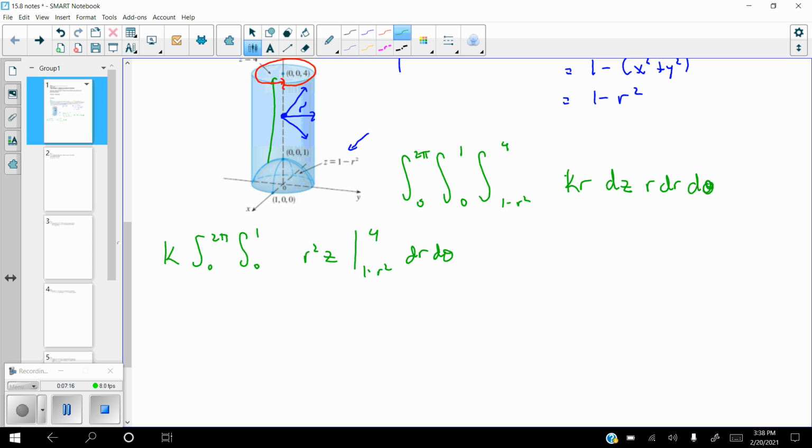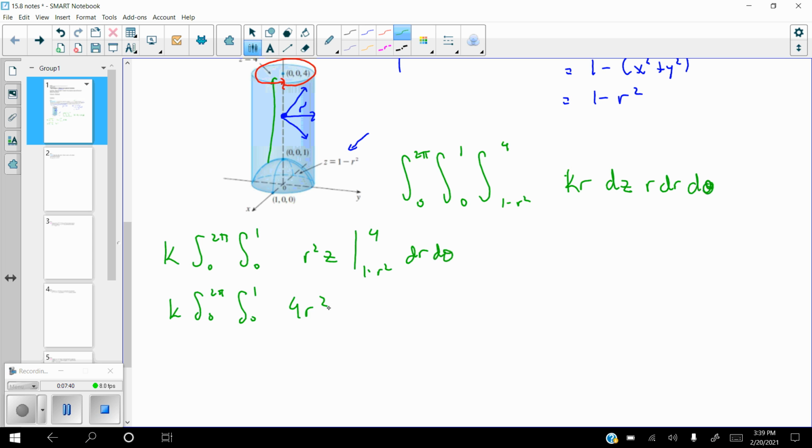So I did a bunch of steps all at once there. I pulled the constant out to the front, I multiplied the two r's together, and I took the antiderivative with respect to z. I'm hoping I didn't lose anybody with that one. All right, so let's go ahead and finish this one off. So let's see, plugging in a 4 for z is going to give me 4r squared.